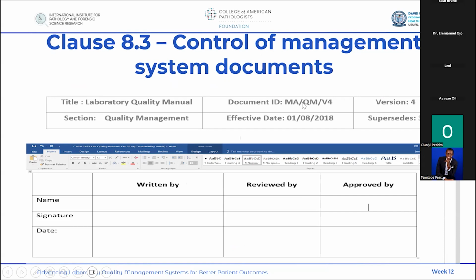All of these have what they mean. So you need to have another SOP that explains the identification, the indexing, the coding of your document. What does MA, for example, mean? What does QM mean? What does V4 mean? Some will just simply put SOP-012. Whatever means you want to identify it, make sure that it is documented and everybody is familiar with that pattern of numbering, the numbering system.